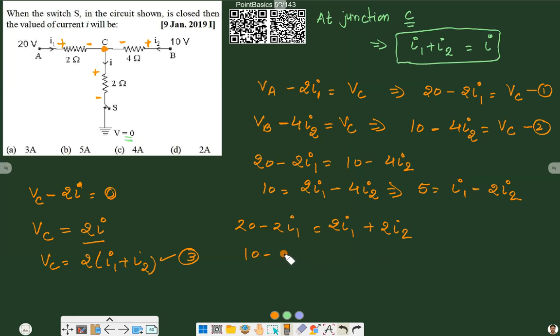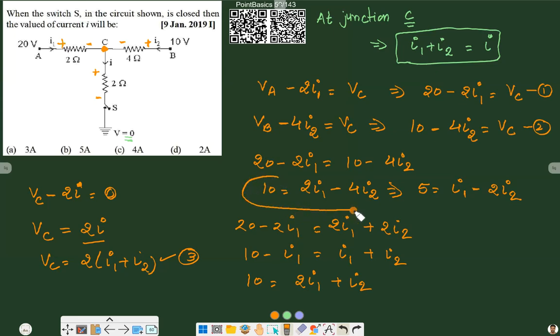So 10 minus I1 is equal to I1 plus I2, and from this we get 10 is equal to twice of I1 plus I2.